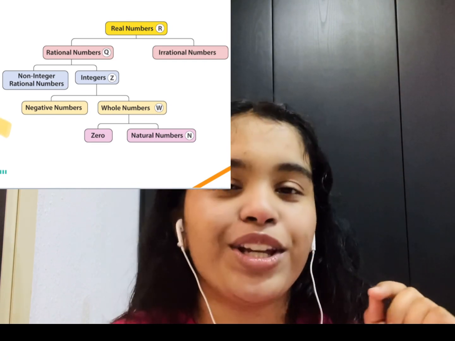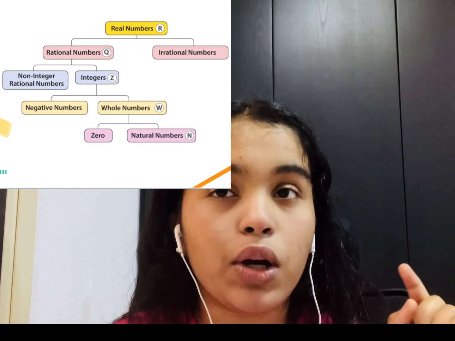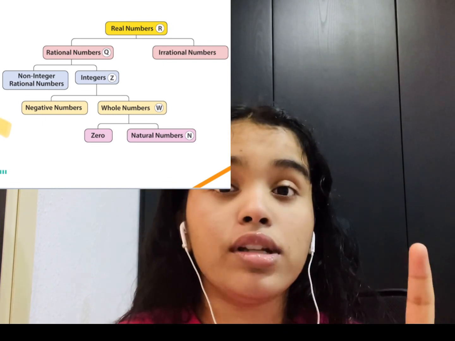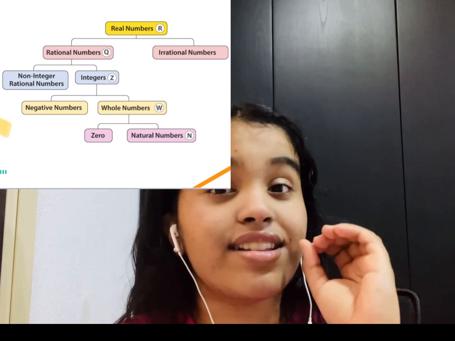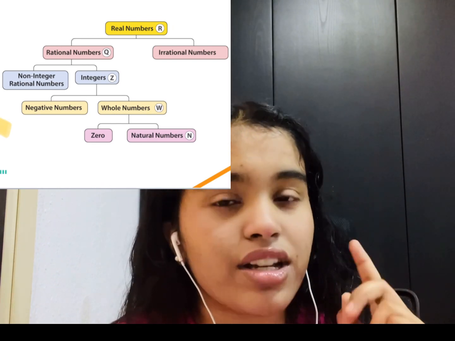Whole numbers are also represented as W. Now, whole numbers and natural numbers are kind of confusing, right? Whole numbers start with the digit 0, while natural numbers start from the digit 1.